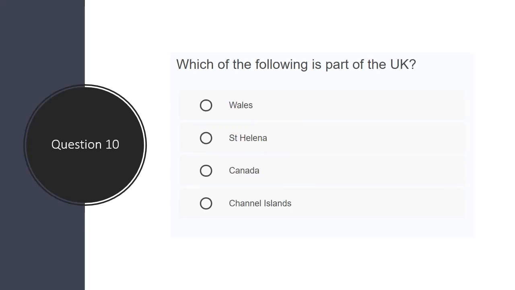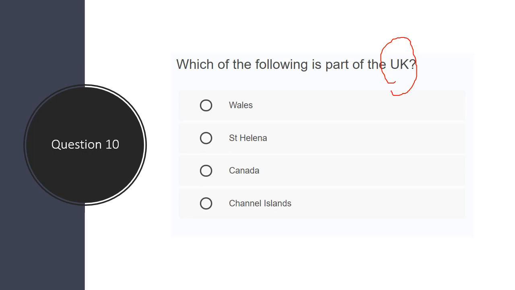The next question is, which of the following is part of the UK? First of all, understand what the UK is. The UK is 4 countries: England, Northern Ireland, Wales, and Scotland. Or if you go from the biggest to the lowest, then England, Scotland, Wales, Northern Ireland.